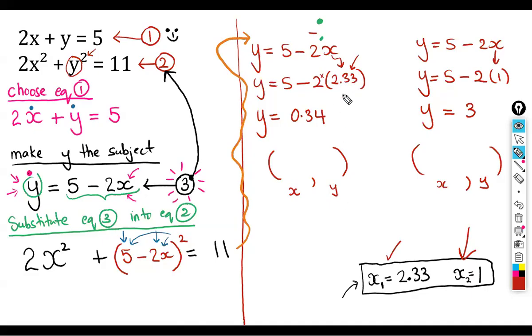When x is 2.33, what is the corresponding value to that? The answer was 0.34. And when x was 1, the corresponding value for y is 3. You have to make sure you get the correspondence correct. When x is this, y is that. When x is this, y is 3. Now you are finished, only when you write it in brackets like this.